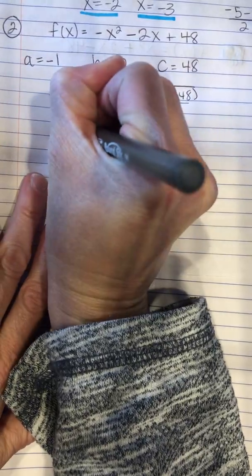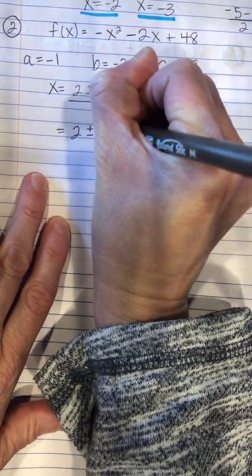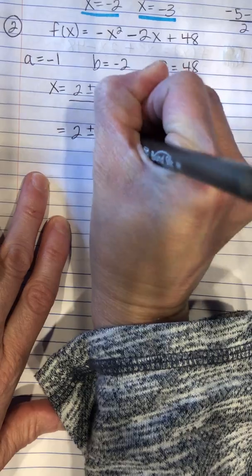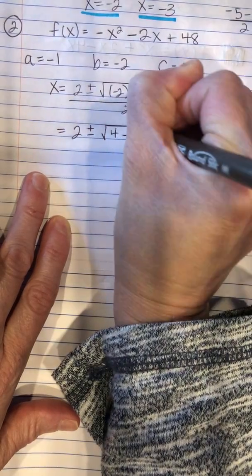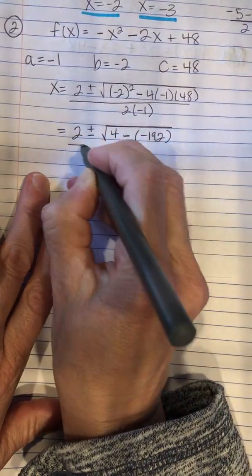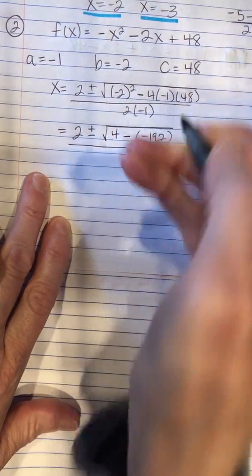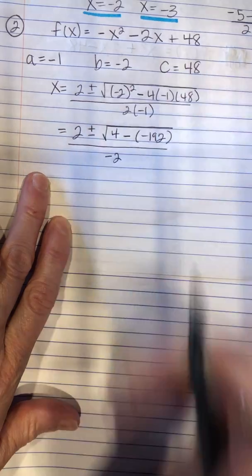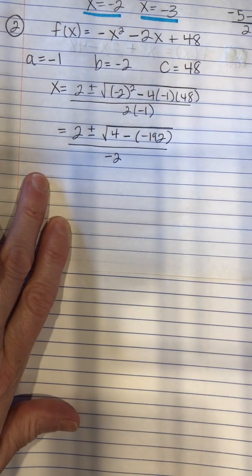So when I do that, I get 2 plus or minus the square root of 4 minus negative 192, all over 2 times negative 1, which is negative 2.